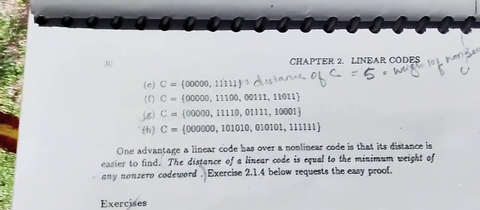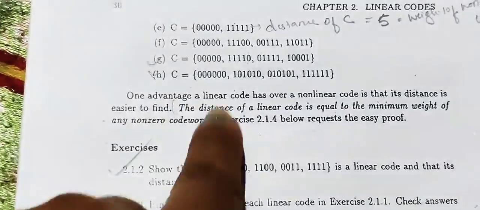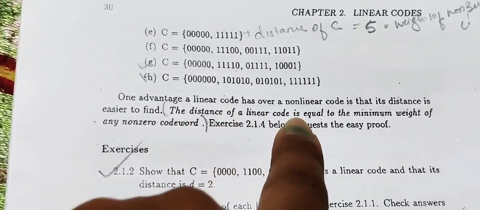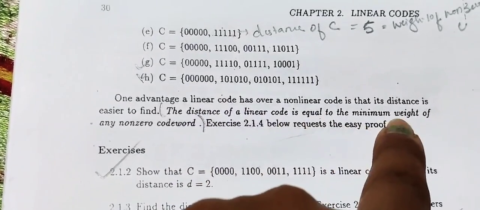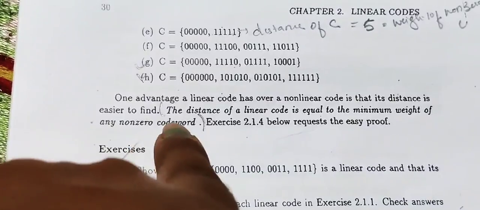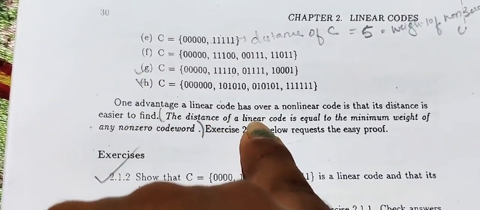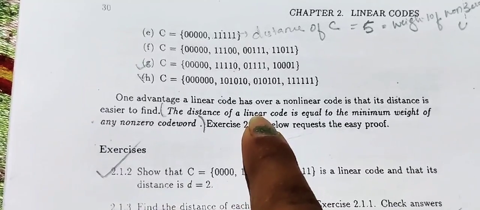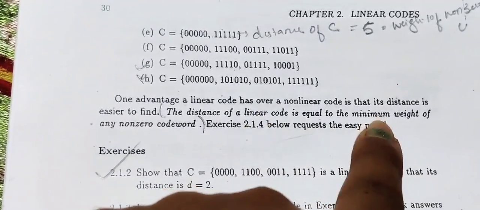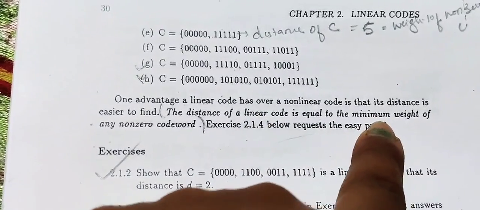And the next one, this is the result. The distance of a linear code is equal to the minimum weight of any non-zero codeword. Distance of a linear code, that is d(V, W), which is equal to the minimum weight of a non-zero codeword.